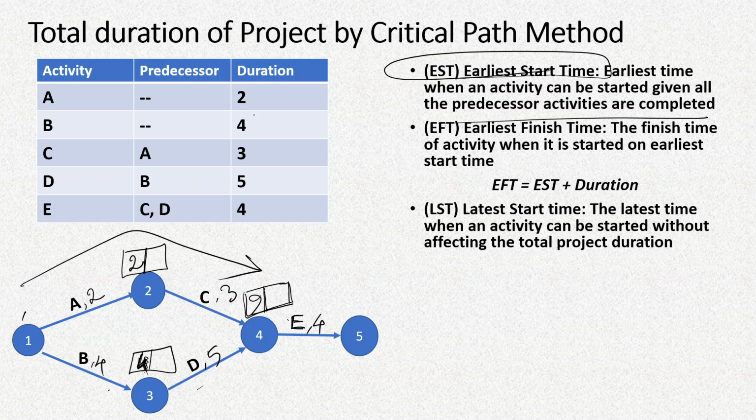That means even if we start this not on day number 0, but on the second day, then also it will take 2 days and it will be completed on the 4th day.